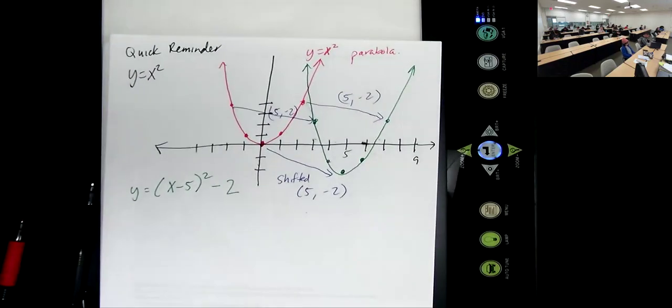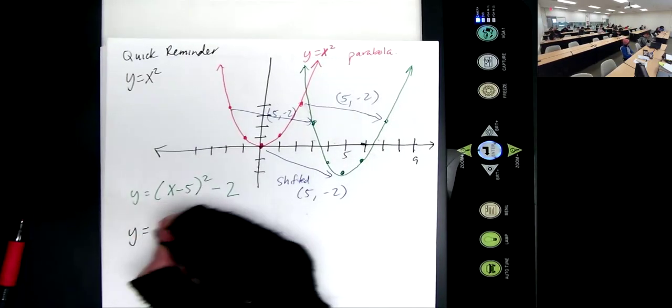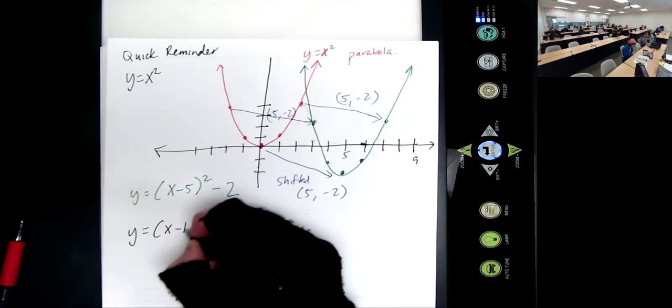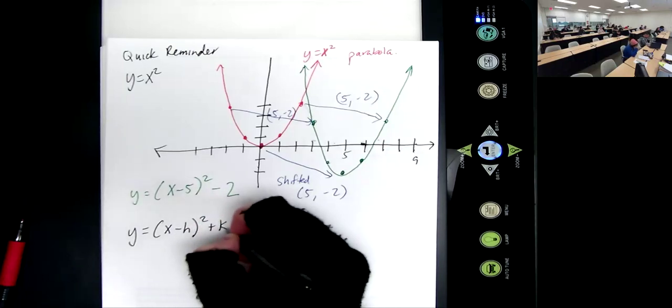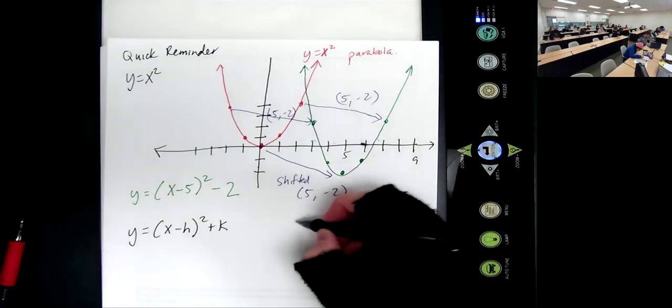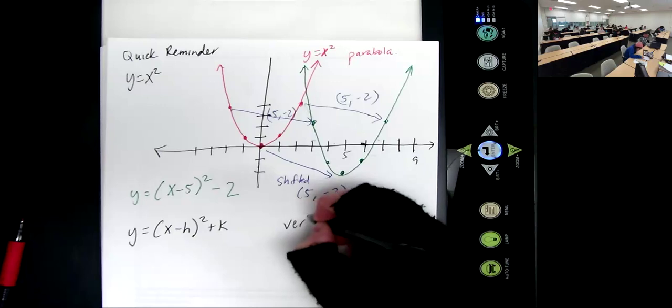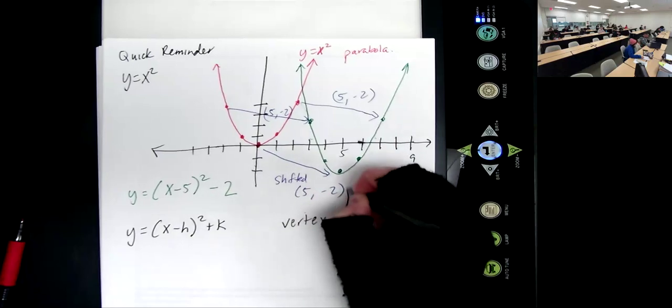And so if I did a general formula for a parabola, we do x minus h squared plus k. Where the graph changes directions, the bottom of the cup, is called the vertex.